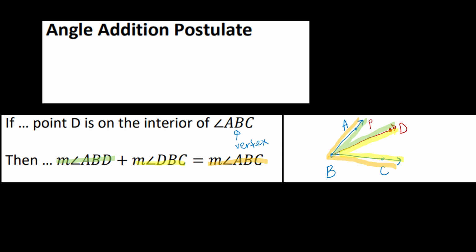This is the part and the part, and they add up to the whole. So this is another part plus part equals whole situation. If you have an angle that is cut by a ray, then you can add the two pieces together to get the whole. The two parts make a whole.